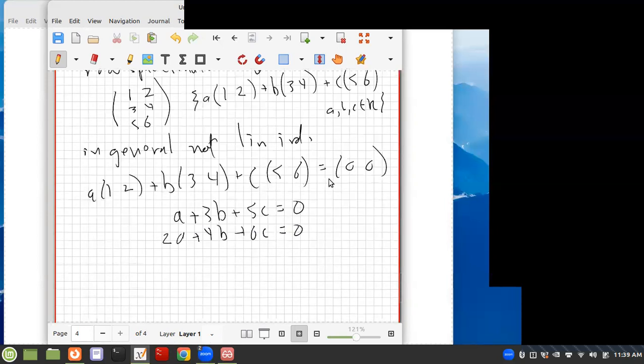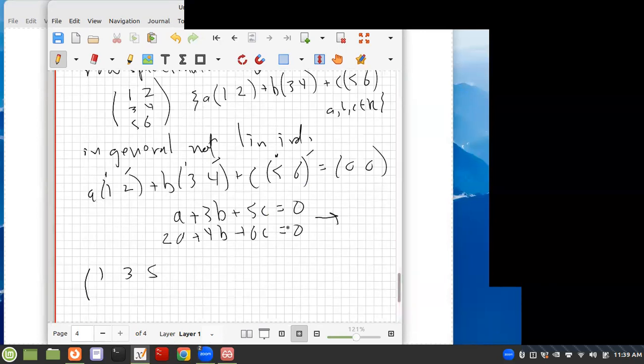Although the column vectors make it easier to see the equations, because here they're all in one row, I'm doing this, this, and this for the first equation, and this, and this, and this for the second one. So it has an augmented matrix, 1, 3, 5 and 2, 4, 6, and 0, 0, and if it's linearly independent, setting this to 0 will produce A equals B equals C equals 0.